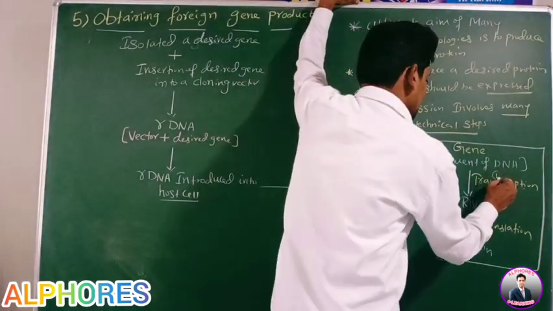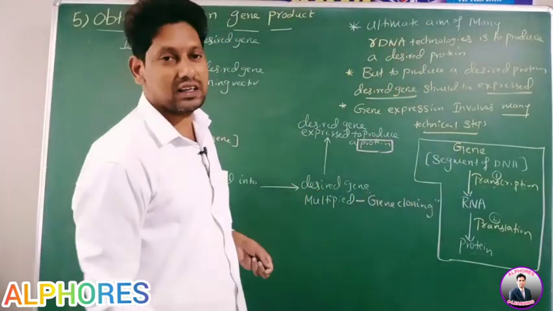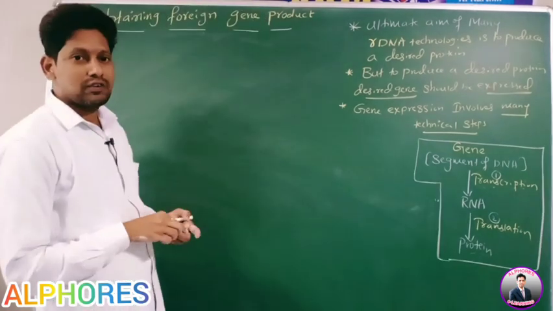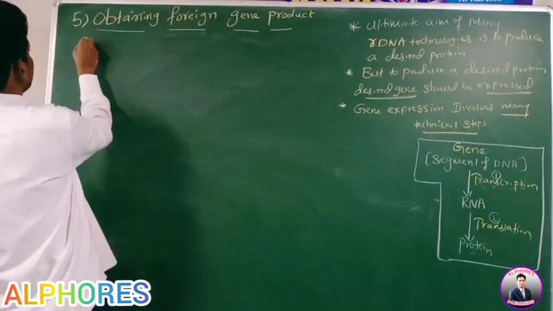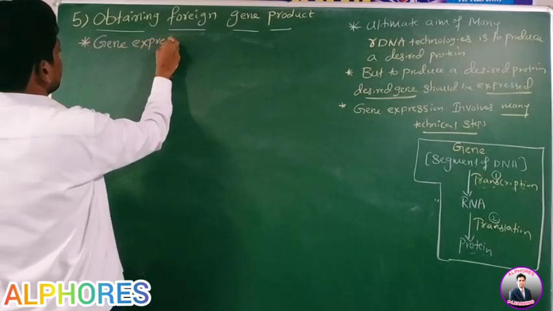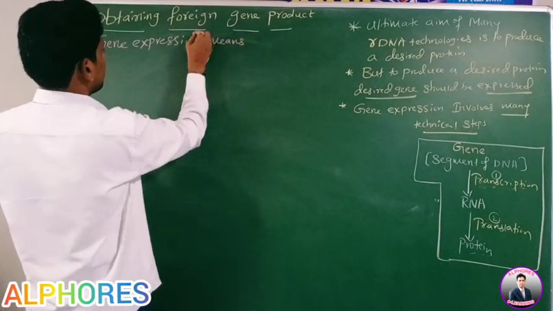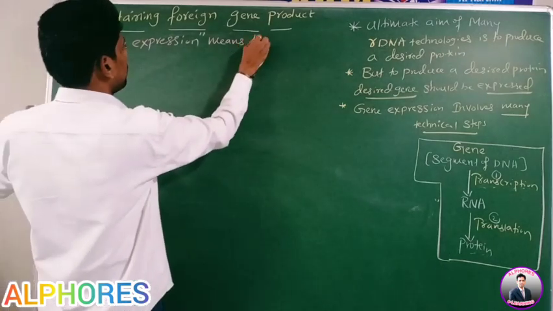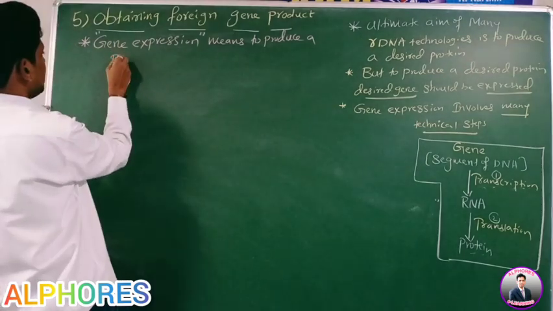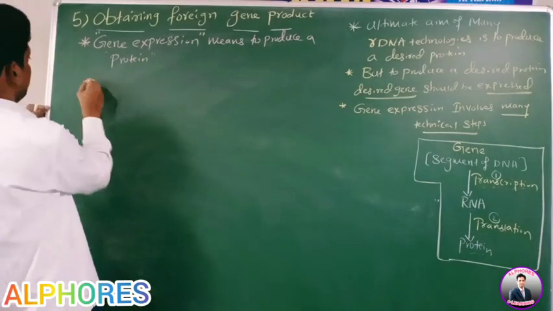Therefore, gene expression involves how many steps, sir? 2 steps. What and what, sir? Transcription and translation. Therefore, gene expression means to produce a protein.